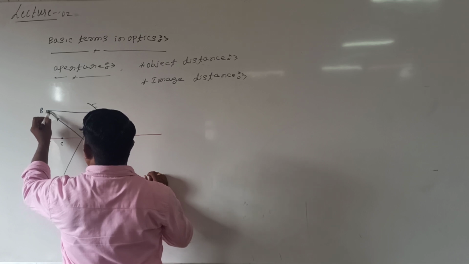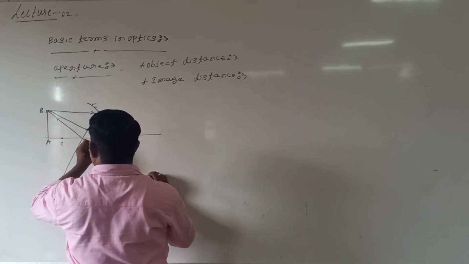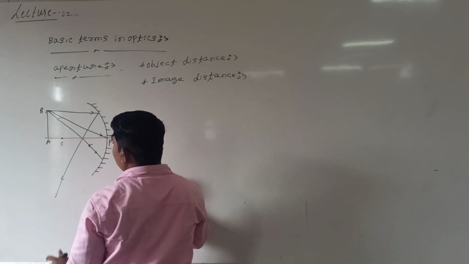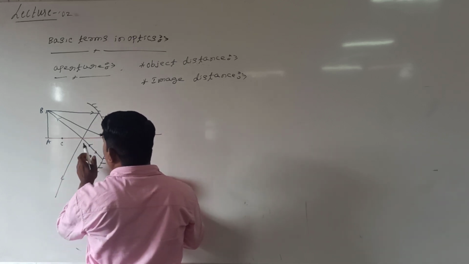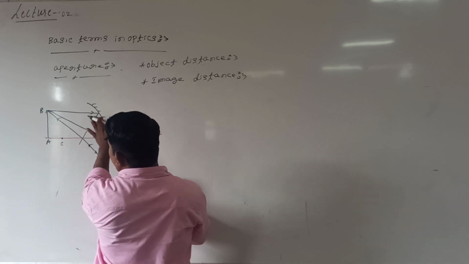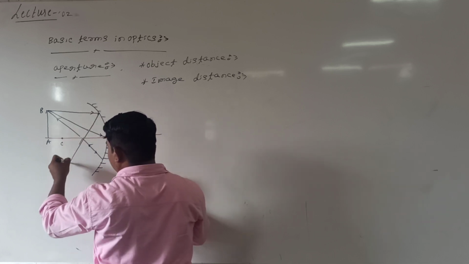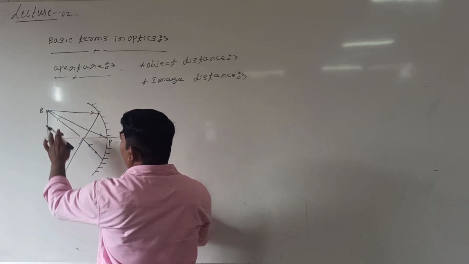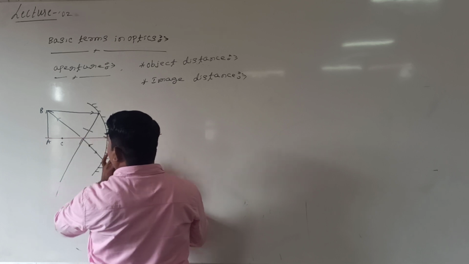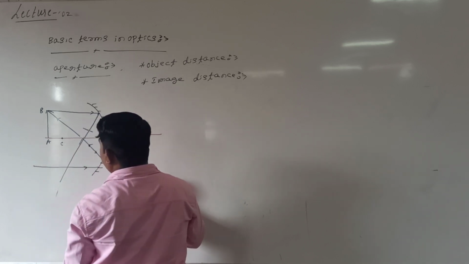Now let us take one more ray of light, incident at the principal focus. After incidence, this ray of light is going like this. From this point, one more ray of light is going.